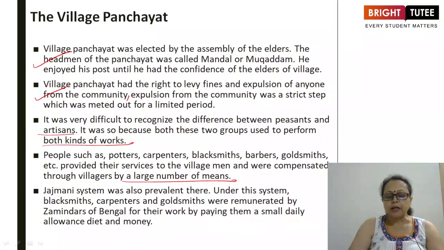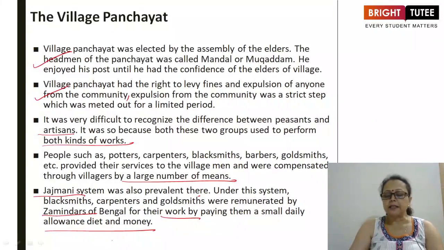Now we are coming to discuss the Jajmani system, which was also prevalent in the rural society. Under this system, blacksmiths, carpenters, and goldsmiths were remunerated by the zamindars of Bengal for their work by paying them a small daily allowance, diet, and money.